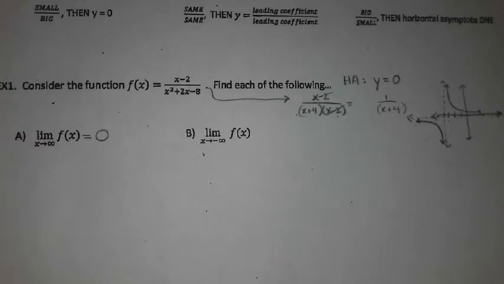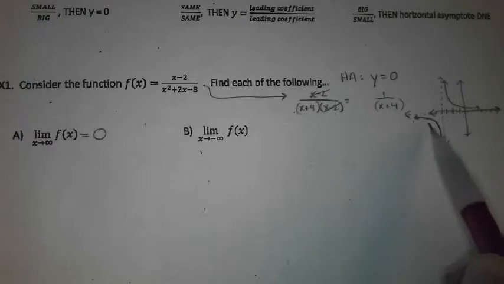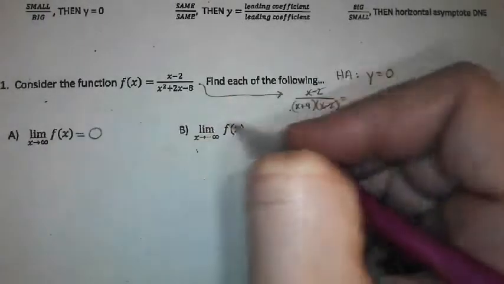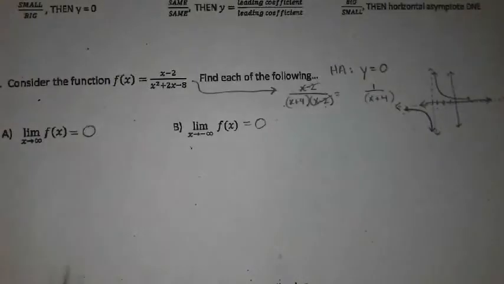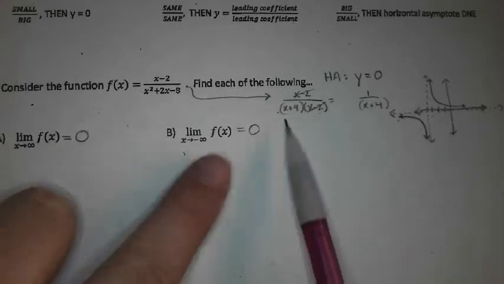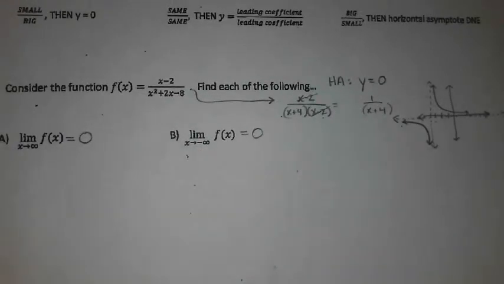If you follow that graph going further and further to the left, it's squeezing up and up and up towards the x-axis, which is a y value of 0. So as my graph is approaching negative infinity, my y value is getting closer and closer to 0. This one is getting closer and closer to 0 coming from the positives. This one's getting closer and closer coming to 0 from the negatives, but that's not important for our answer. It's 0 either way you look at it.